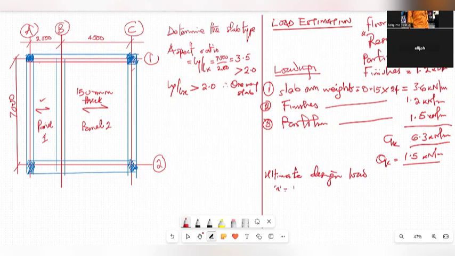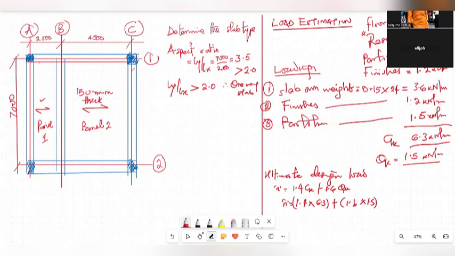So we have 1.4 Gk plus 1.6 Qk. Now in this case, it will be 1.4 multiplied by 6.3 plus 1.6 multiplied by 1.5.